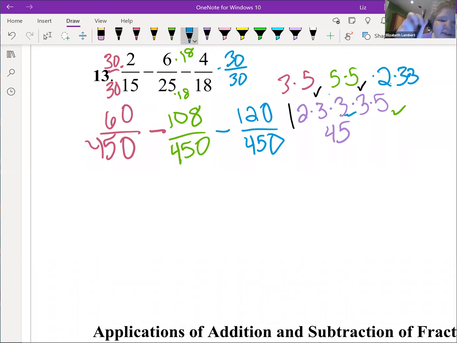Downside of recording videos after writing a test. So 18 is the 2 times 3 times 3. So I need to multiply by 15. So 4 15s is 2 30s, so it's 60 over 450.